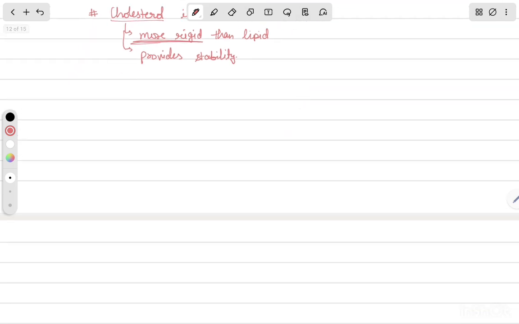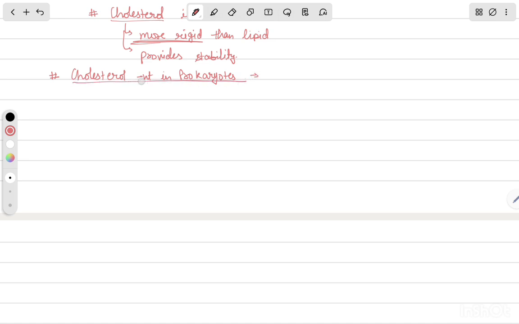Now, the only difference between prokaryotic and eukaryotic plasma membrane is the presence or absence of cholesterol. This cholesterol is absent in prokaryotes. Why is it absent in prokaryotes?